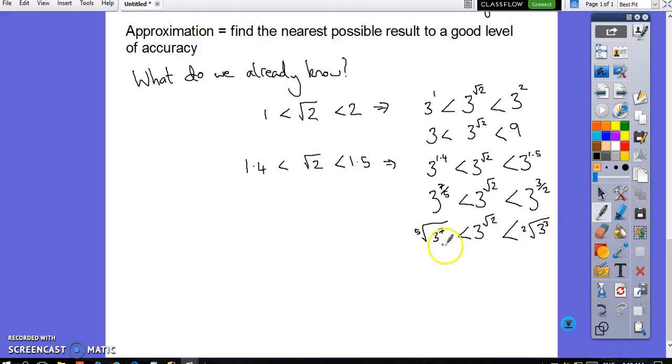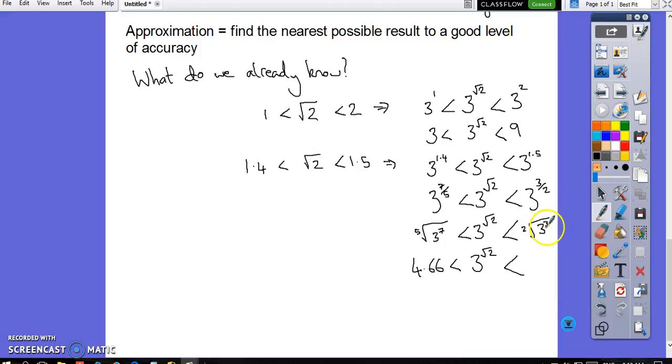So we can figure these out. Of course they're difficult to figure out on our own. Our calculator can of course do it. So if I do 3 to the power of 7 and I take the 5th root of that, I get 4.66, which is less than 3 to the power of the square root of 2.